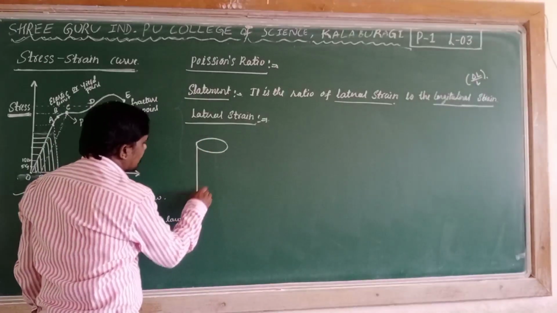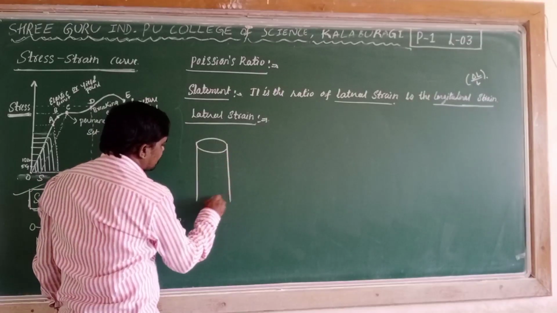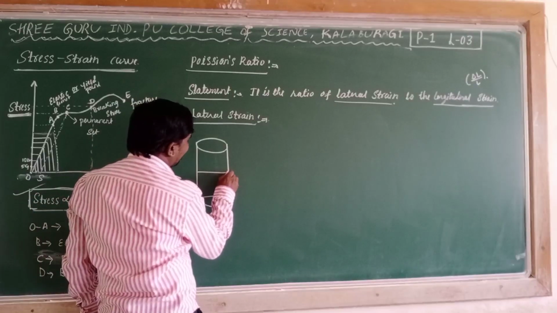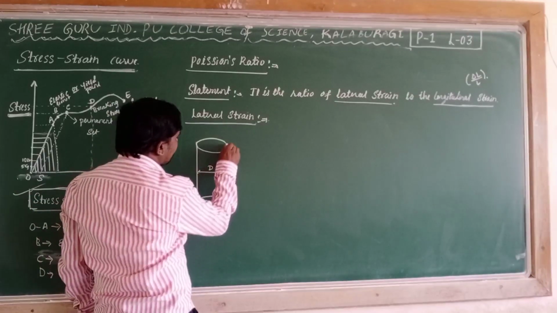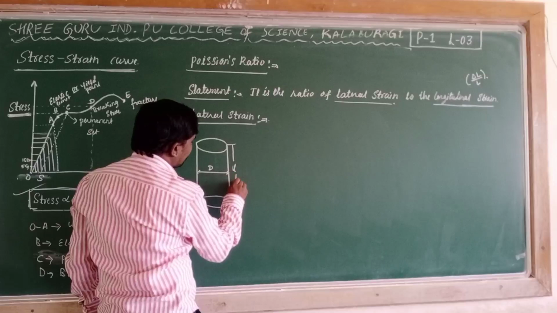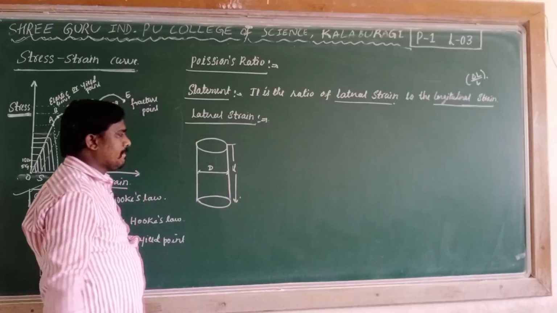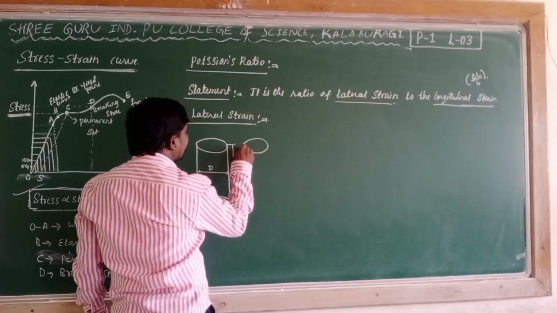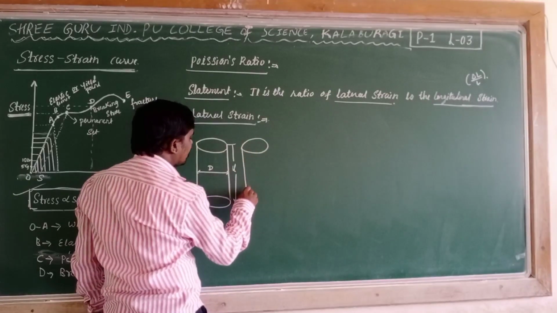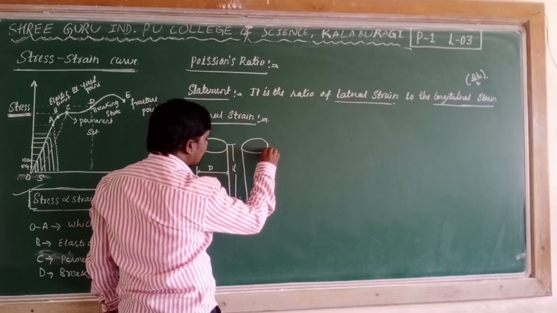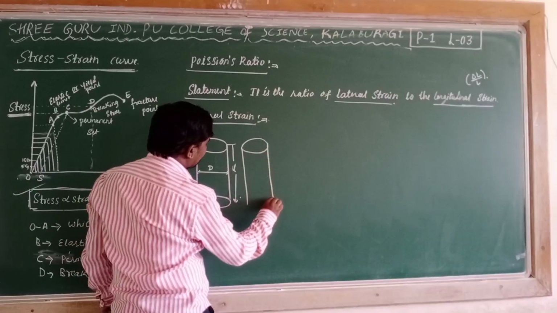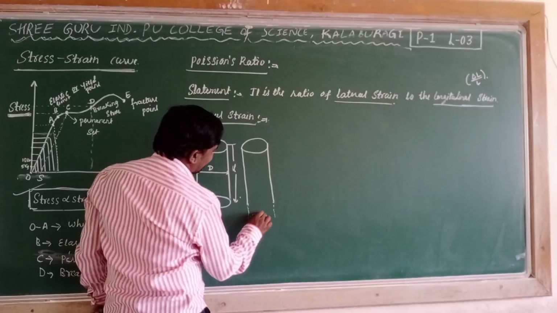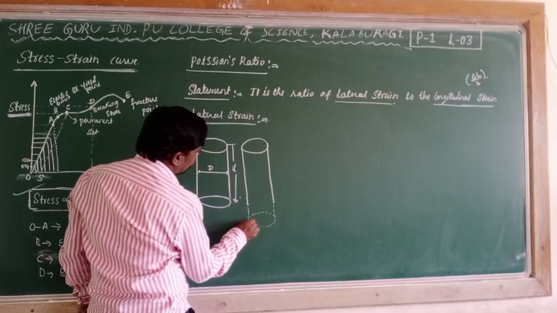This is the initial length of the cylinder, and this is the initial diameter of the cylinder, D. We applied a force on the cylinder. Definitely its length is going to increase, and this much of length goes on increasing.